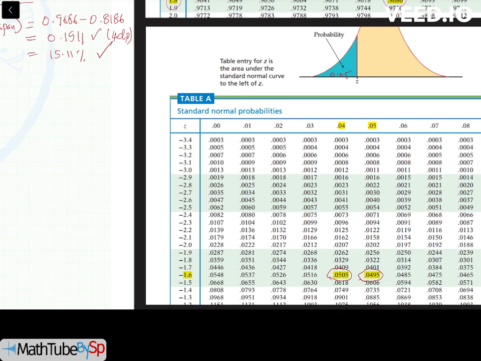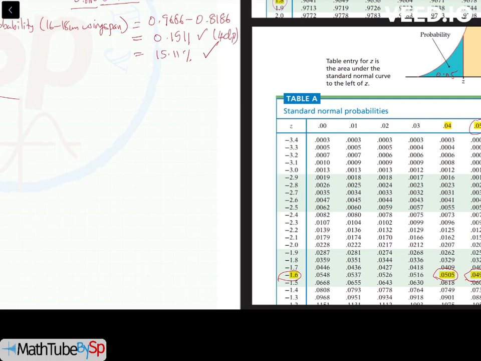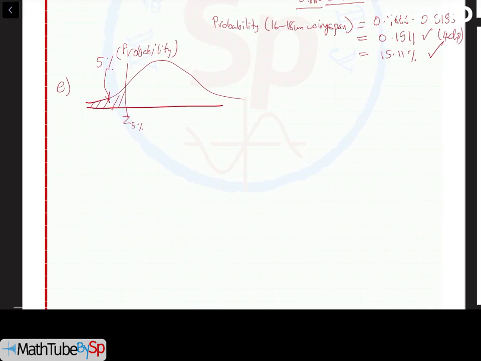I'm selecting 0.495, and my reading for that is minus 1.65. That means my z-score is minus 1.65, and it makes sense. It is negative because it is on the left hand side of my mean, since I have z plus on this side and z minus on this side.